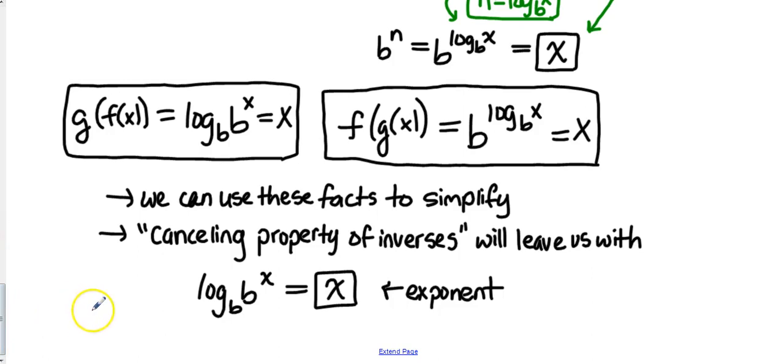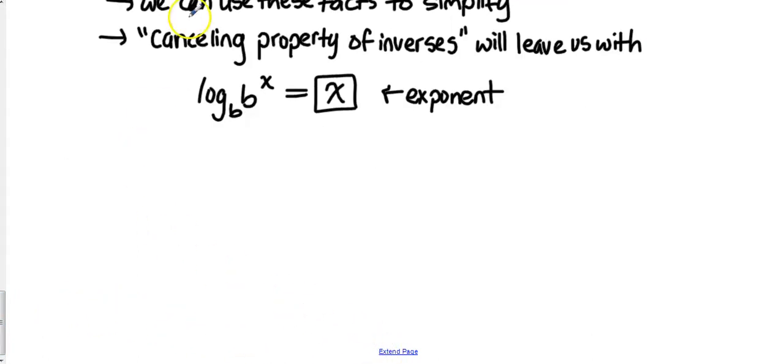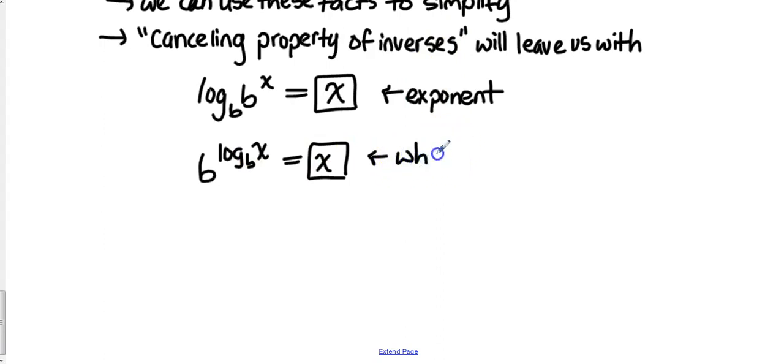Always. Starting with an exponent instead, if I had b to the log base b of x, that also equals x, where that x, in terms of where it's located, is what you're taking the log of.